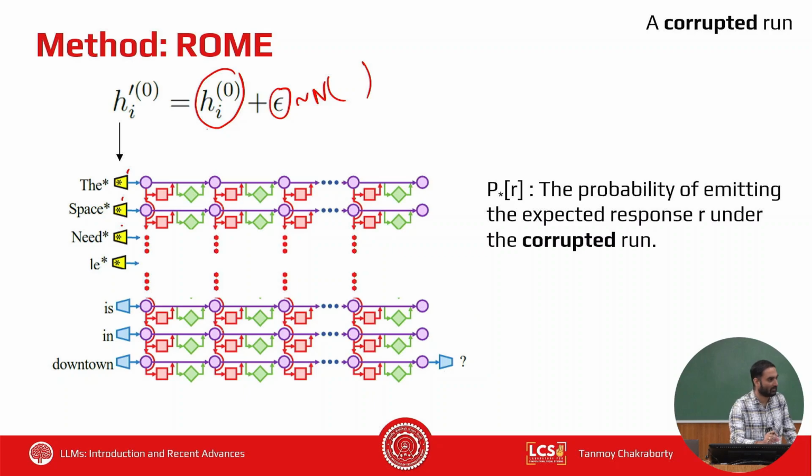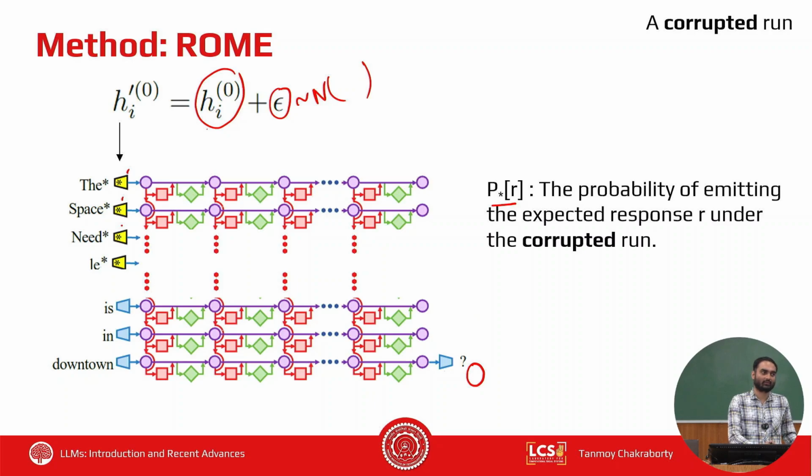So you corrupt the input, and you then run the model. The output that you obtain at the end may not be Seattle, maybe something else. And that is the probability. So in this corrupted model, what is the probability of returning the output Seattle? This will definitely be less than or equal to the previous one in the corrupted run.